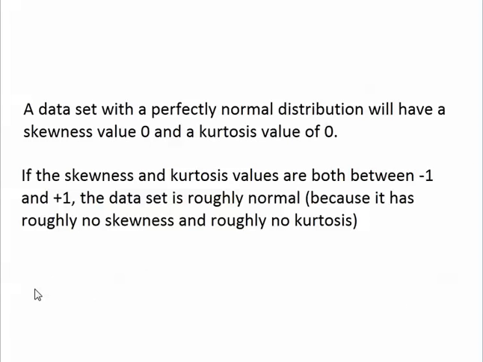But creating a histogram and looking at the data isn't a bad thing to do, even though it is a little bit subjective. Actually, a good approach to judging whether your data is normal is to both create a histogram and calculate these two values, and use all of the information to decide whether the data appears to be normal.